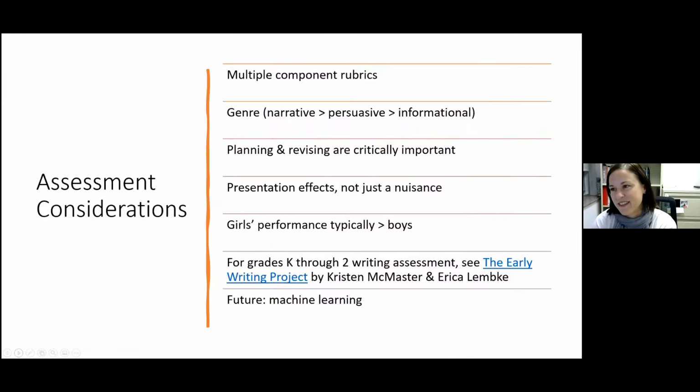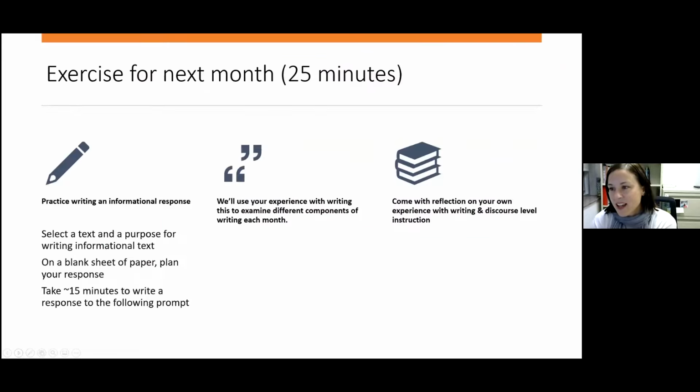So I'm just going to give you all an exercise to prepare for November when we meet and hopefully have more in-depth discussions. To get the idea of being a writer yourself, Karen Harris always talks about how we all need to be writers ourselves first. Select a text from your grade level and a purpose for writing.